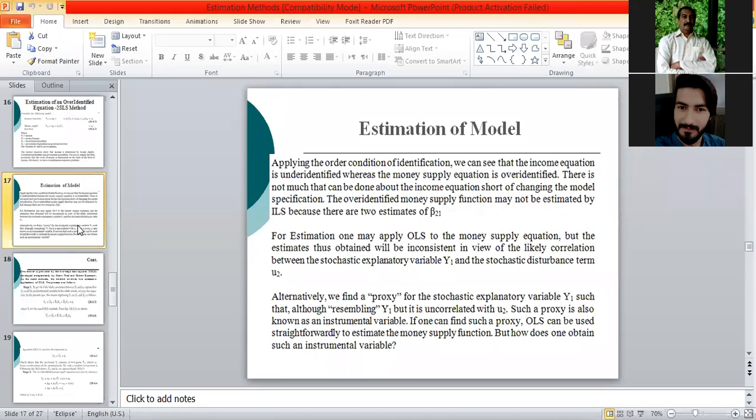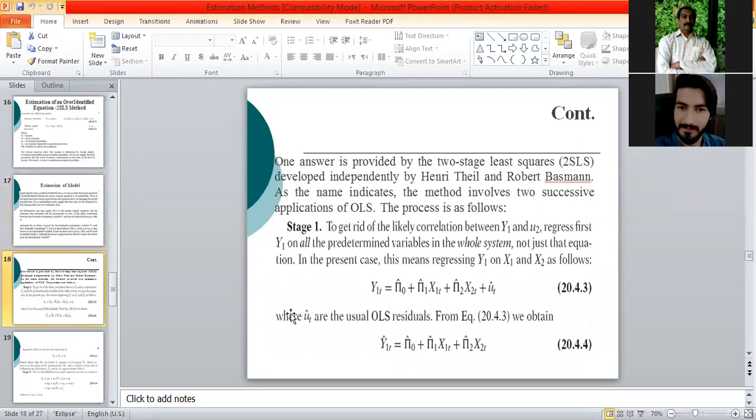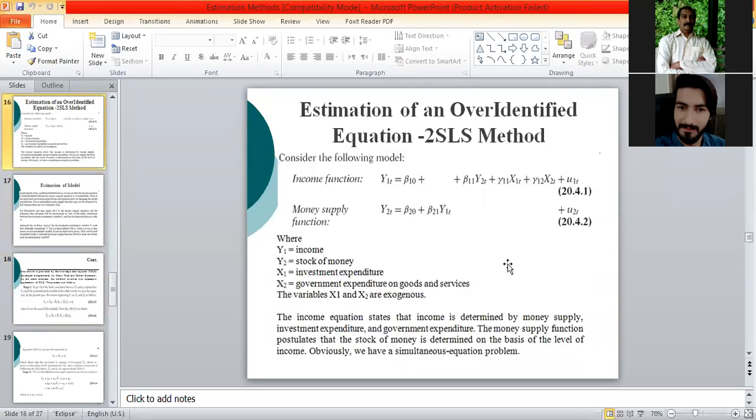If we estimate it by OLS, the result will be biased and inconsistent because of the likely correlation between the stochastic explanatory variable y1 and u2. Because of this likely correlation between y1 and u2, we cannot apply OLS here, and we have to look for some other alternative method to determine the numerical value of the structural parameter betas.